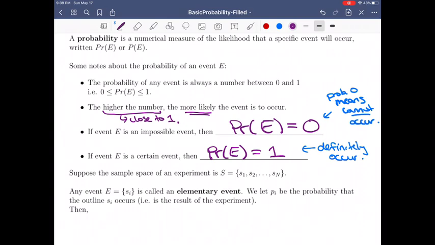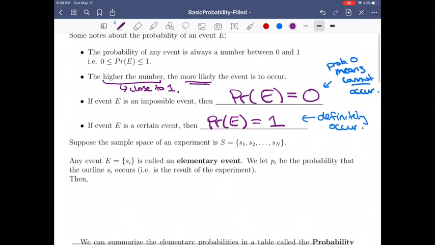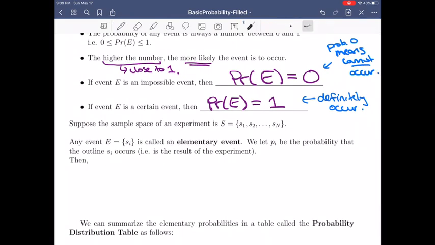So suppose we have a sample space with capital N elements. I've just listed them, little s1, little s2, all the way to little sn. Now an event with just a single element, we call that an elementary event. So it only has one element. And then just some notation, or lack of notation maybe.